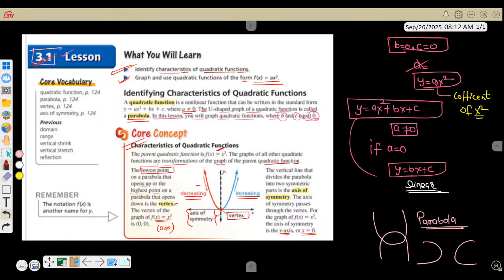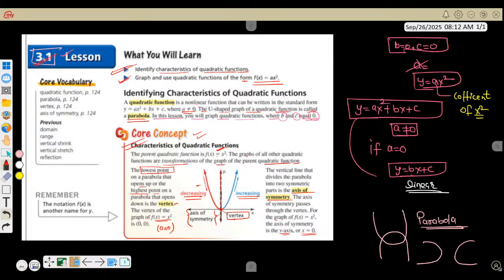The line x is equal to 0 is called the y-axis, and in the given graph this is the axis of symmetry, because the y-axis line contains the same graph on both sides. That's why we have the symmetry. Got it?